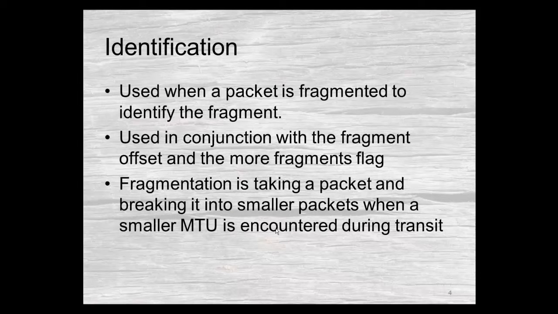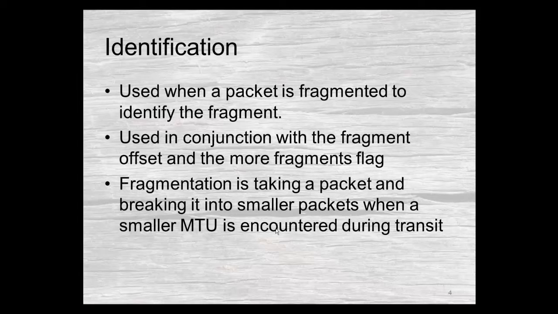The identification field is used when a packet is fragmented. Most packets you don't fragment or break into smaller chunks, but if you're fragmenting a packet, then you'll use this identification field. Fragmentation is when a device receives a packet and the network it has to forward it to requires a smaller packet, so it has to break that larger packet into smaller ones for that next transit.